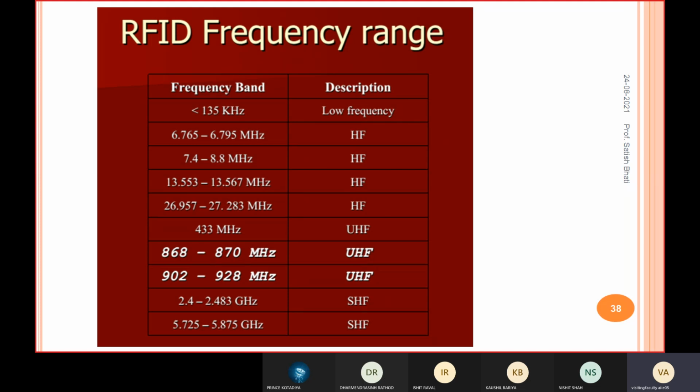Between that range we can use those frequencies in RFID, radio frequency identification. And from 2.4 gigahertz to some 5.8 gigahertz, this range is known as super high frequency, or sometimes also known as microwave. So in RFID applications we will cover almost the complete range.